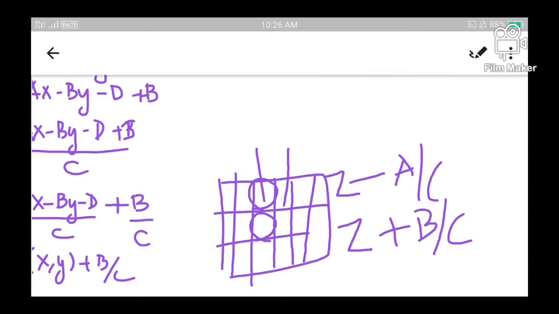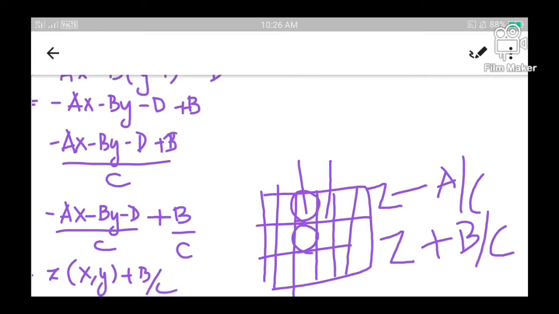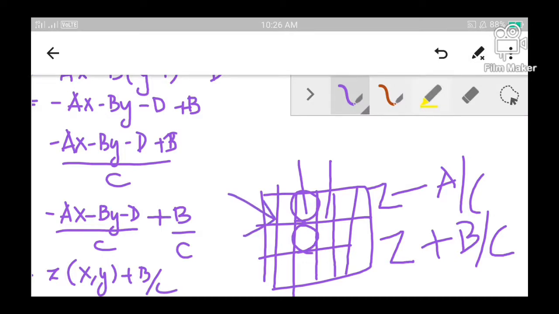Okay, so in this way you can compute depth values of all the adjacent pixels of the same row, and you can also compute the depth values of all the pixels in the next row. In this way, using these equations, you have to compute the z values of all the pixel positions on the screen, starting from the first pixel on the screen to the last pixel of the screen.